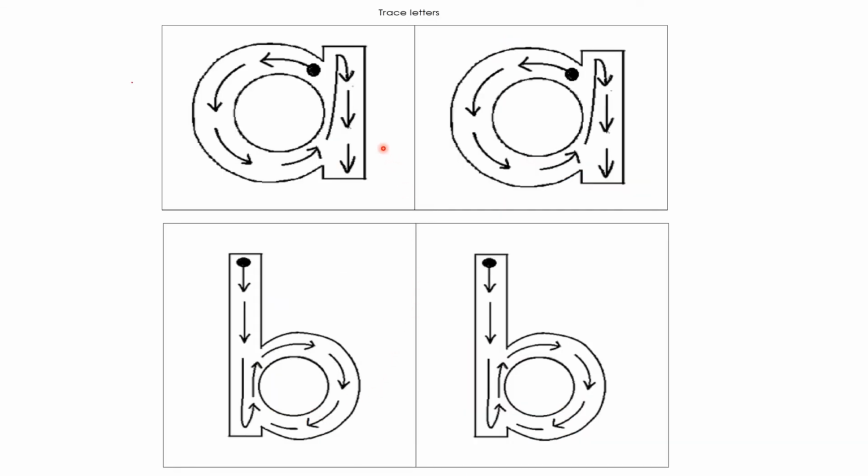Here we are going to learn how to write A and B. Let me show you. Do you see this black dot here? We are going to start from this big black dot and follow this arrow. Let me show you.